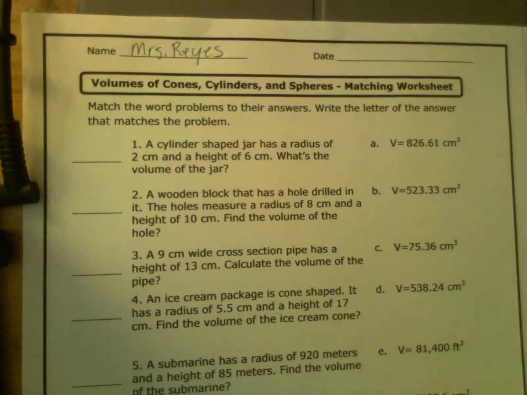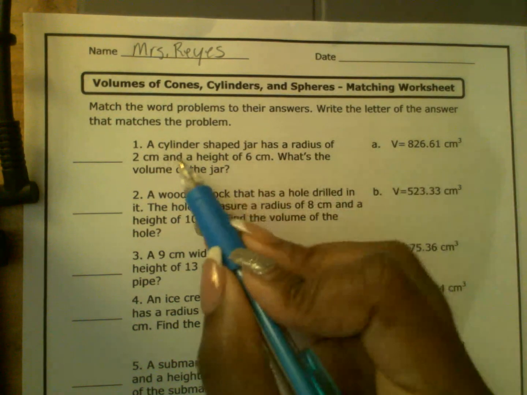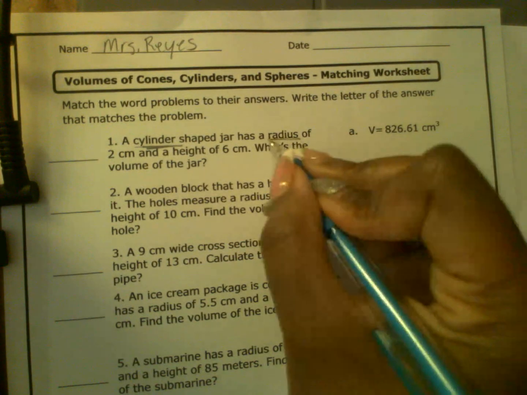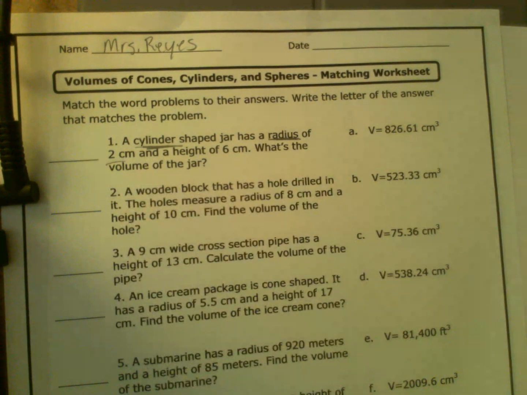All right, so I'm going to get you started with the very first one. And remember to show your work on the back, or you can write it on a separate piece of paper and turn both pieces of paper in. Okay, so number 1, it says a cylinder shaped jar. So we already know that a cylinder is shaped this way, like a can. And it says that the radius R is 2 centimeters.